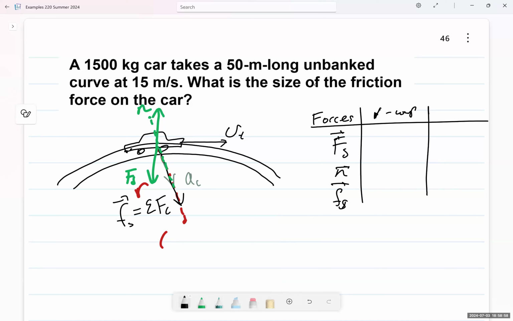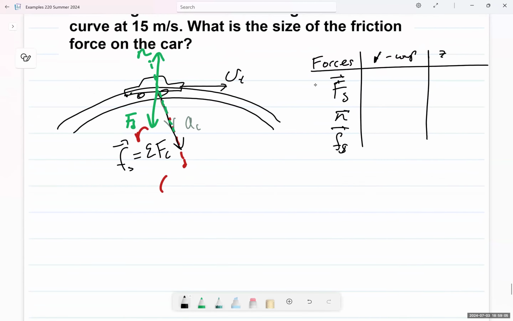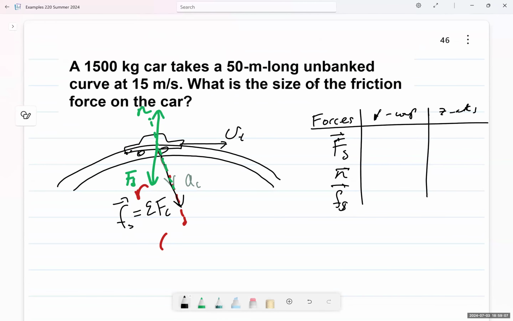The z-axis is vertical in this case. So this is 0, this is negative mg, this is 0, this is plus N, and this is plus f, because if it's pointing toward the center, it's positive. The net centripetal force is here, and these two cancel each other.